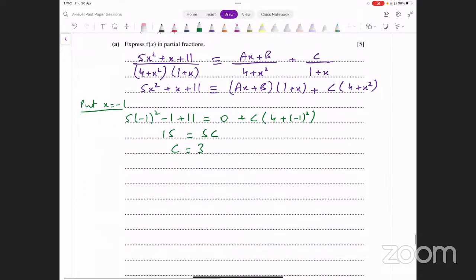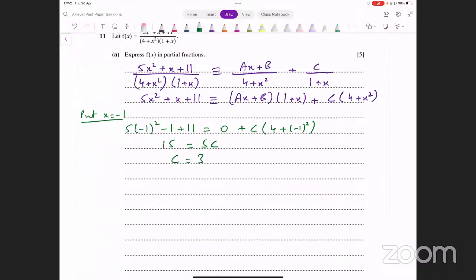Now, how do you find the value for a and b? उसके लिए हम एक चीज क्या कर सकते हैं? अगर x की value 0 input कर दें तो a b eliminate हो जाएगा उससे. So that's what we start from. We select, let's input x equals 0. और इसके साथ फिर आपको c की value भी ये डालनी पड़ेगी. What do we get from that? 5 into 0 squared plus 0 plus 11 on the left side. On the right side, we have a into 0, that's the 0, 0 plus b into 1 plus 0.